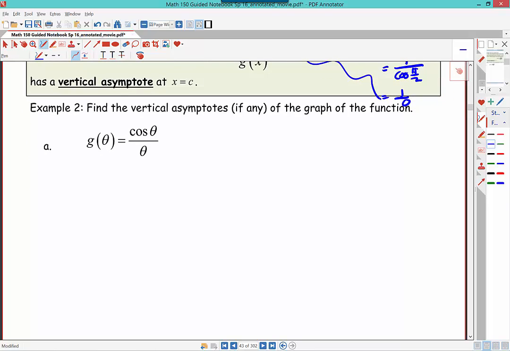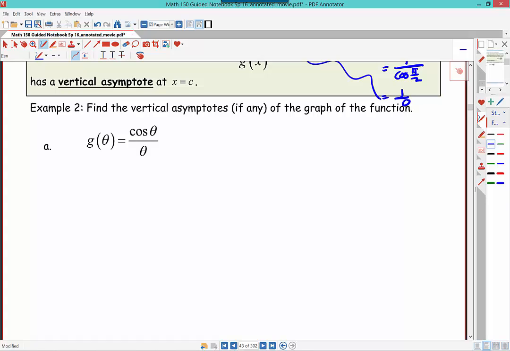So now let's take a look. Let's find the vertical asymptotes, if any, of the graph of the function. So if we look at this guy here, cosine theta over theta, what would you say about that? Good.